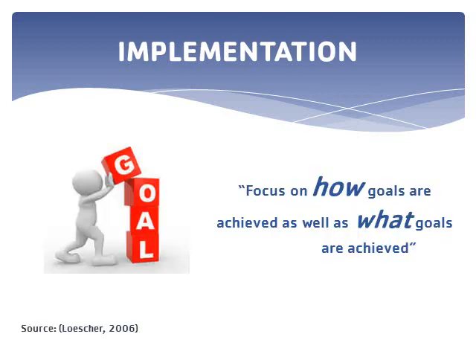Implementation includes creating objectives so that the participants and trainer can identify if they have accomplished the goals of the training upon completion. Loescher says that this is the most important characteristic of training design. They focus on how goals are achieved as well as what goals are achieved.